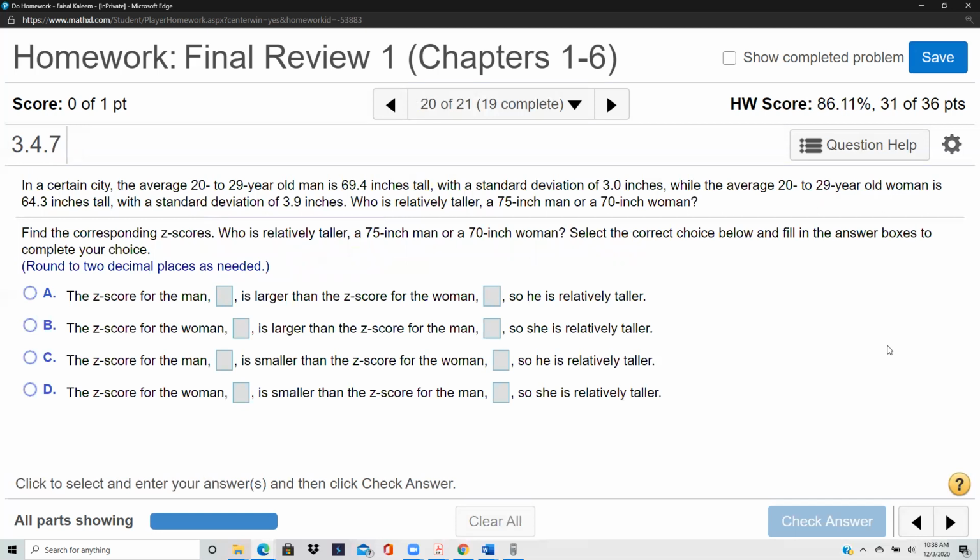Ah, your favorite thing, z-score. So do we have the z-score formula on the formula sheet?